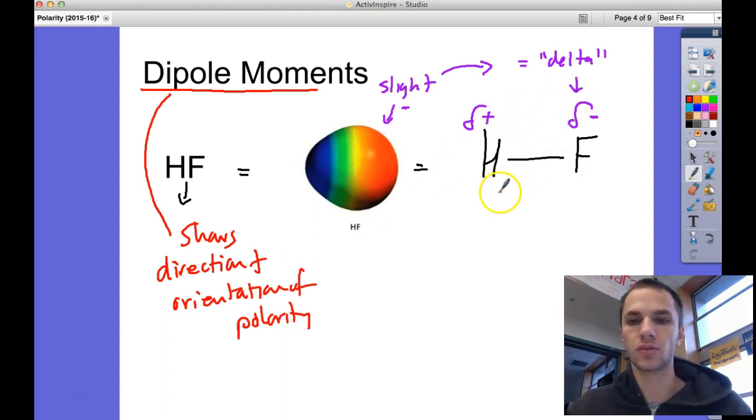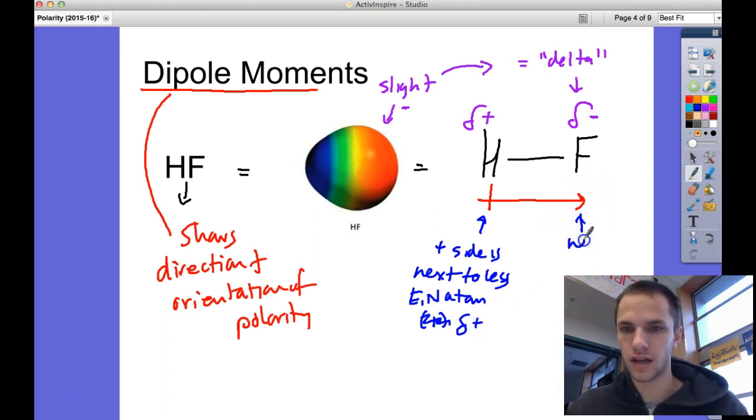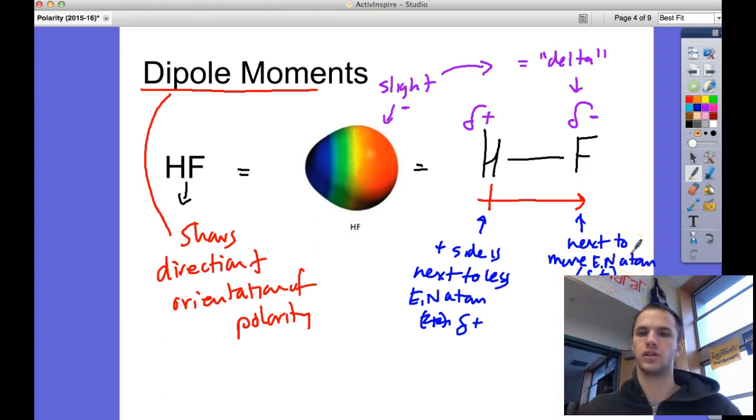So the way we draw that is we draw an arrow on the bond where the positive side, it looks like this, and the positive side is next to the less electronegative atom. Another way of saying that is the slightly positive atom. And the arrow is next to the more electronegative atom, which is the slightly negatively charged atom.